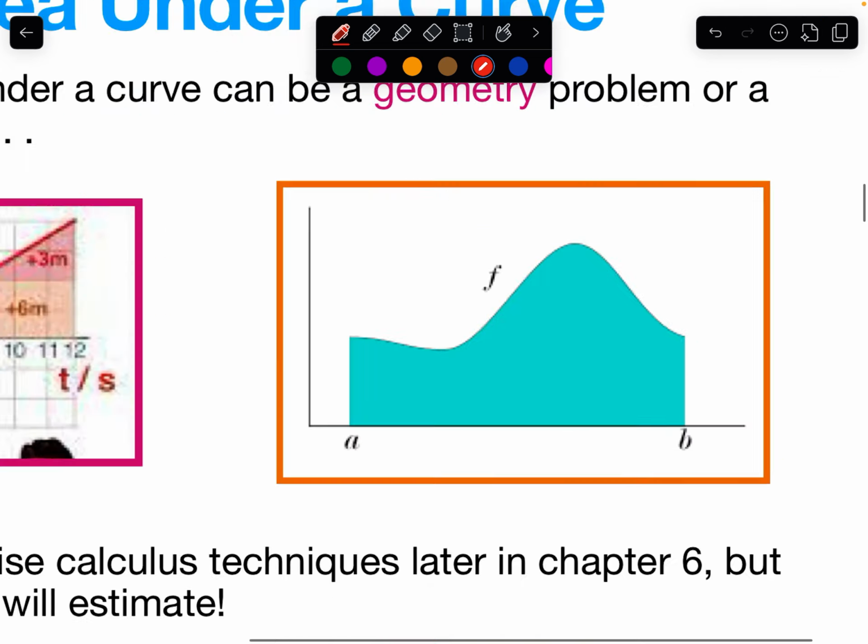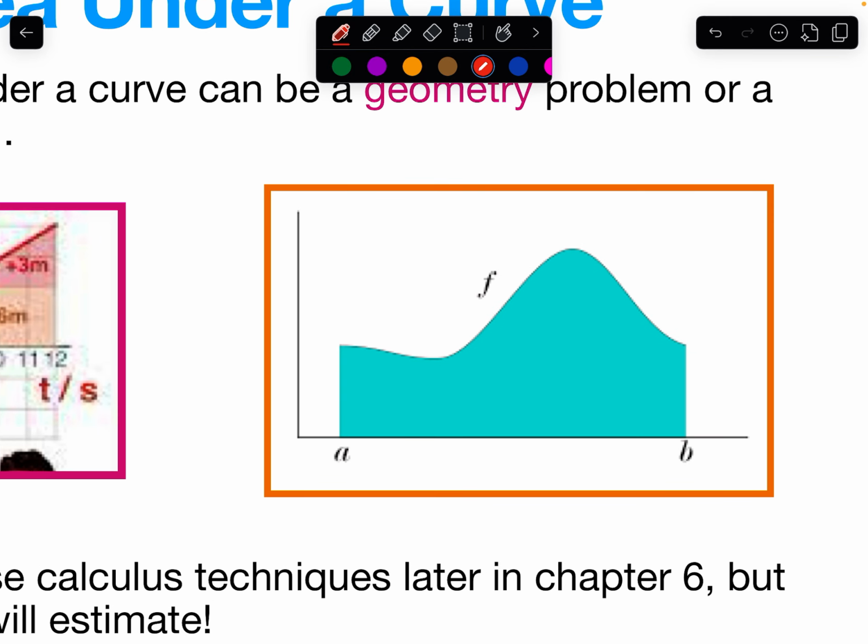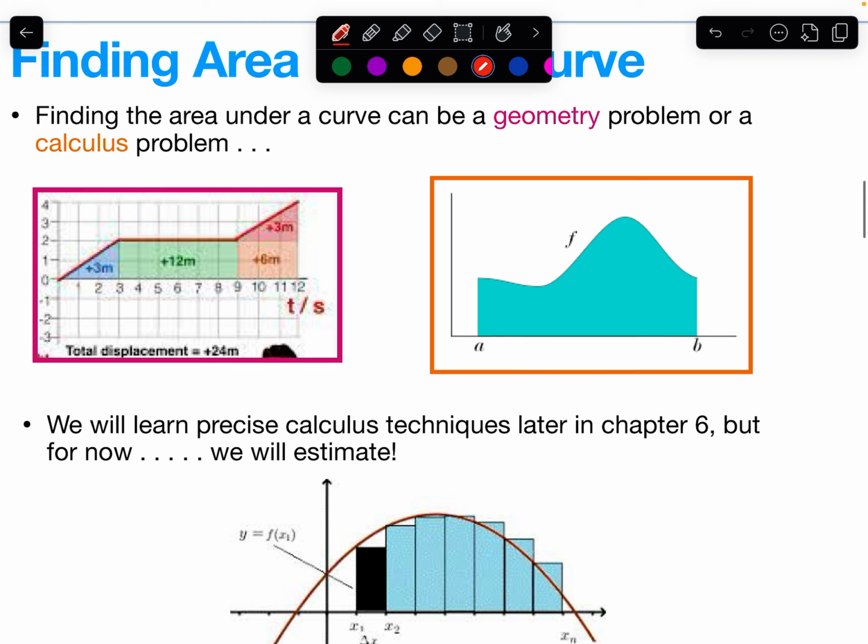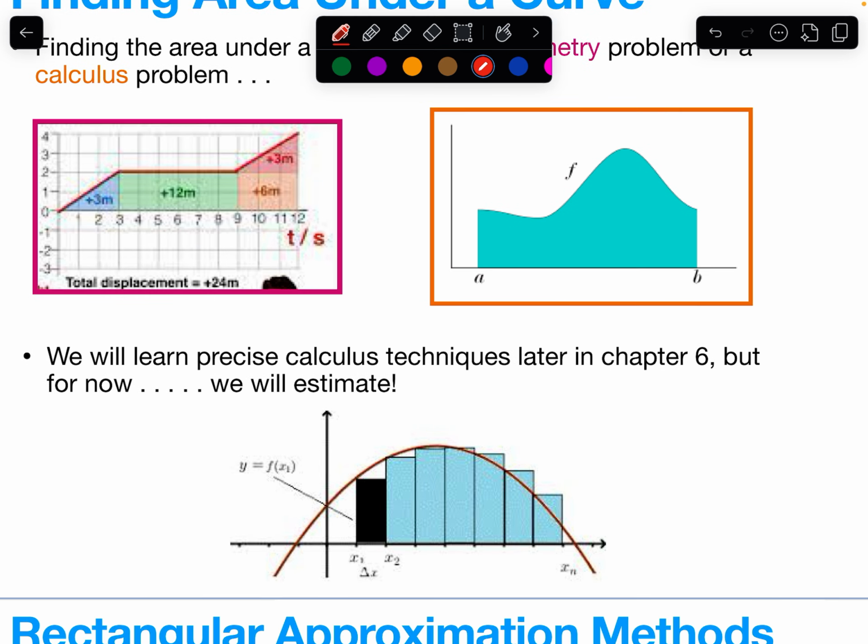But then what happens when our curve is not made up of linear functions, right? Like this curve here, we don't have a specific geometry formula that could help us encapsulate this area here. So we're going to learn precise calculus techniques later for that situation, but for now, the best we're going to do today is we're going to estimate that area using geometry formulas we already know.